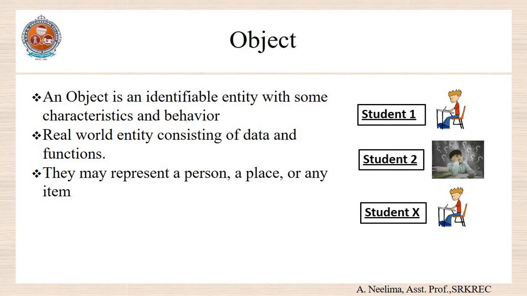So objects are the basic runtime entities in an object-oriented system. They may represent a person, a place, or any item that the program can handle. An object is a real-world entity consisting of data and functions.